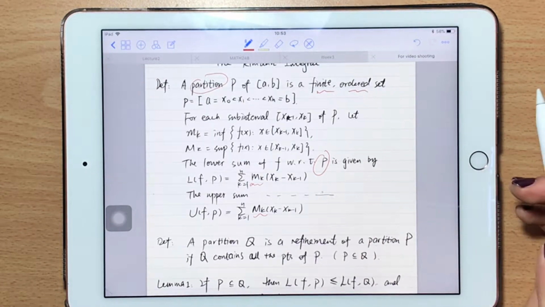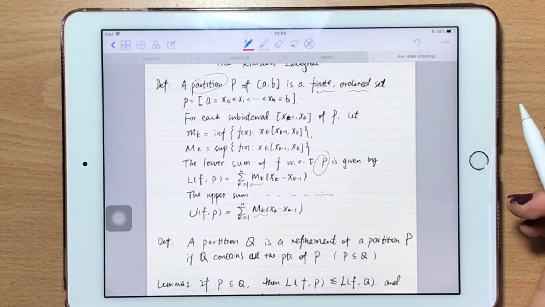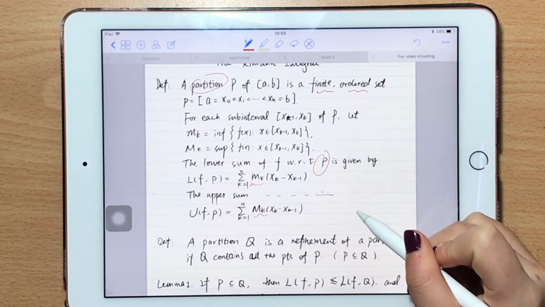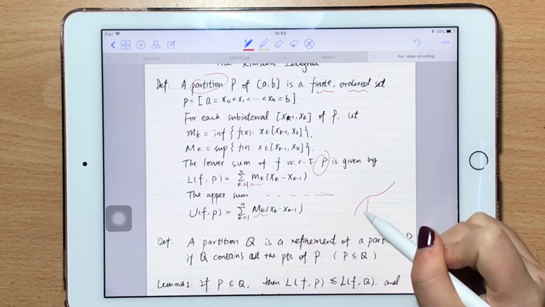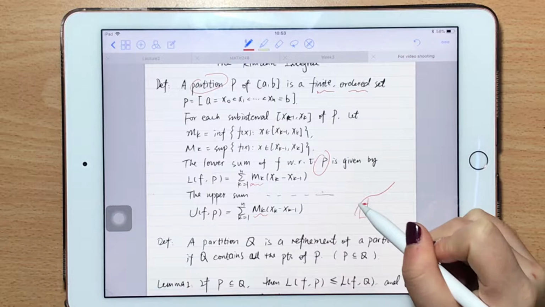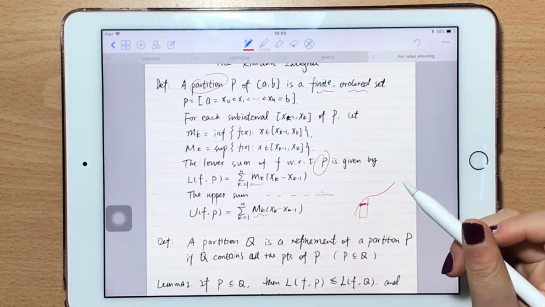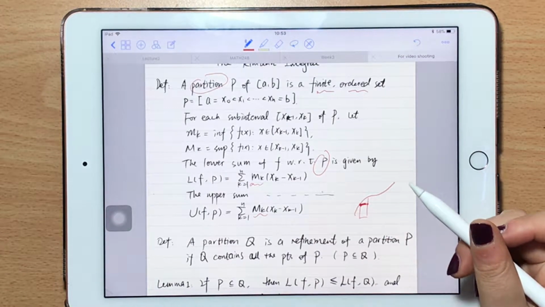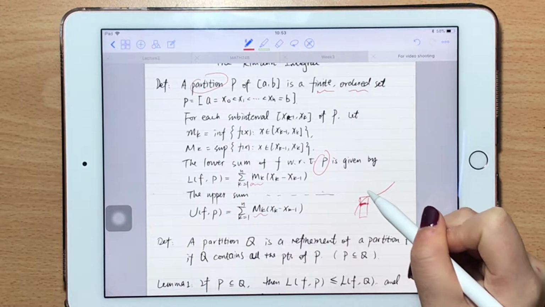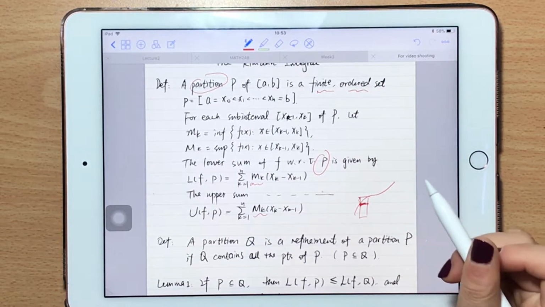So you can imagine the real area of that shape will be between the lower sum and the upper sum, right? Because for the lower sum, you always take the height as the infimum, and you always take the height as the supremum for the upper sum.